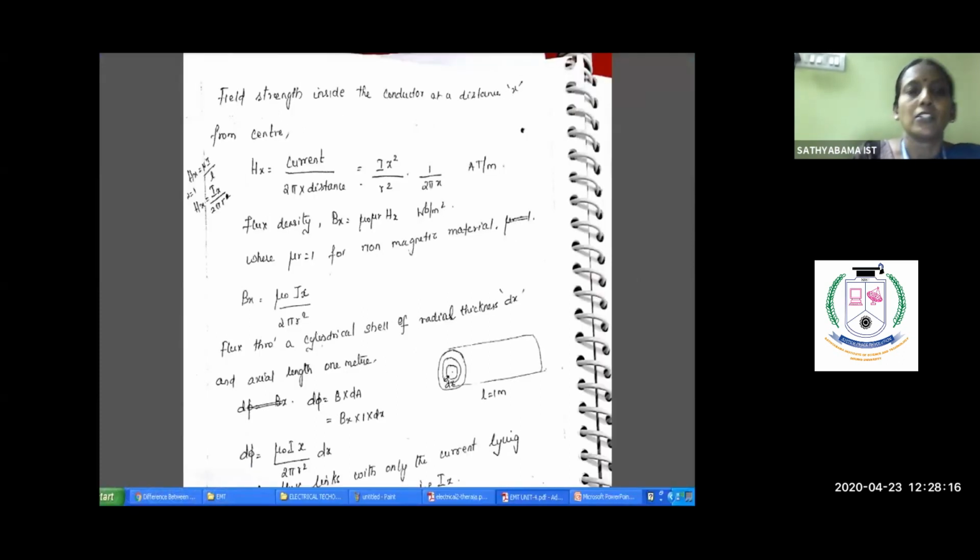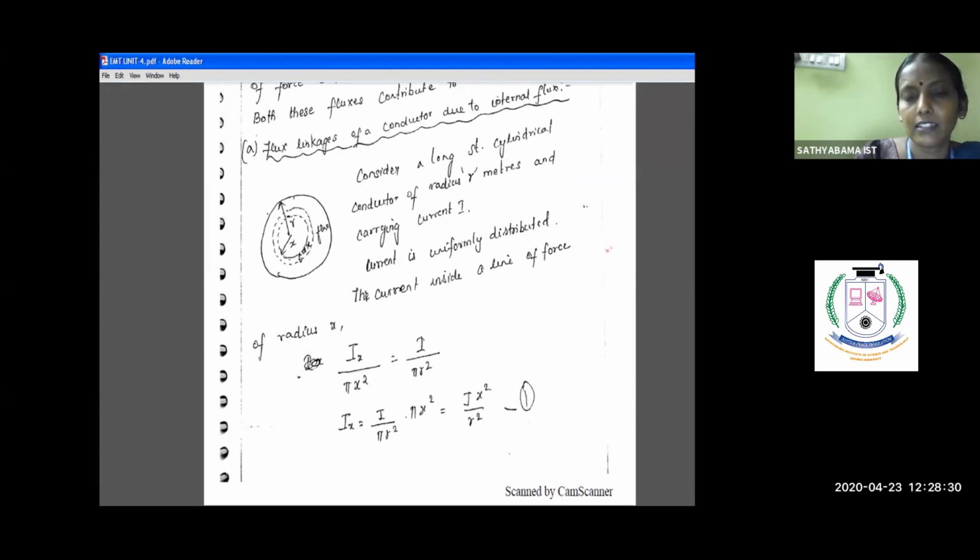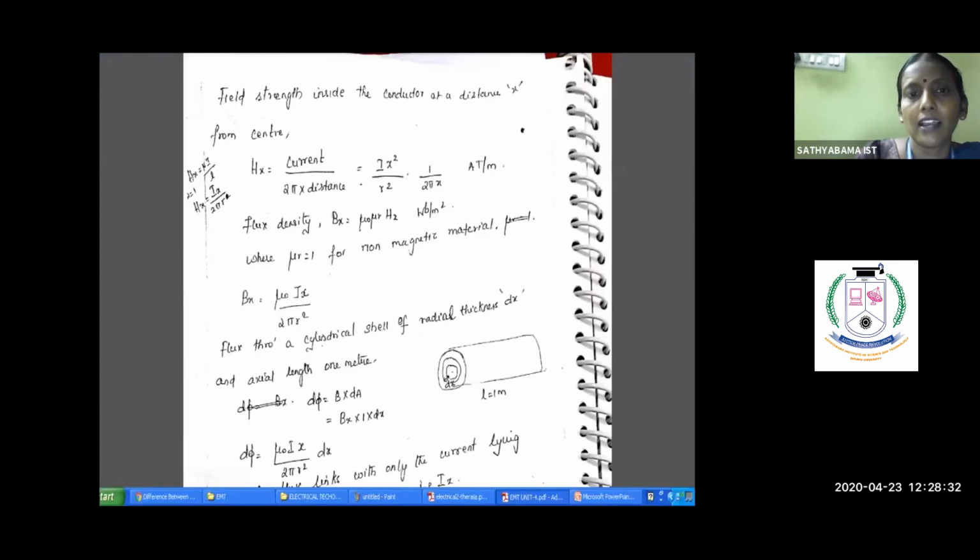Yes. So H can be written as I by L. L is nothing but 2 pi into the distance x here. So I can be written as I x square by r square, which we have done in the previous slide, and your distance L can be written as 2 pi x here.